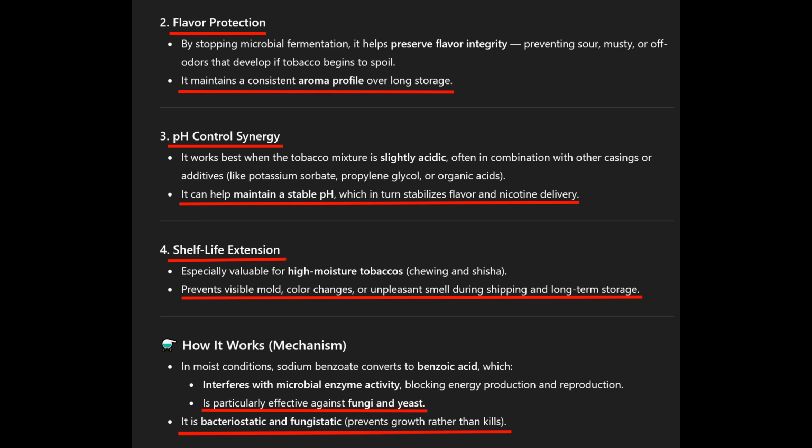Fourth, shelf life extension prevents visible mold, color changes, or unpleasant smell during shipping and long-term storage. How it works. Is particularly effective against fungi and yeast. It's bacteriostatic and fungistatic. Prevents growth rather than kills.